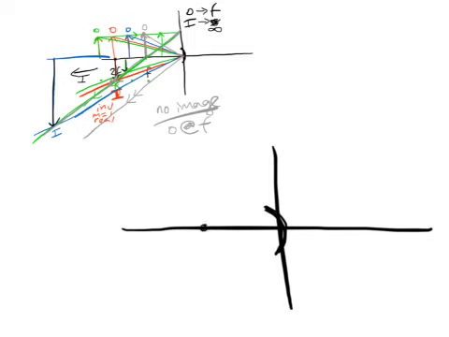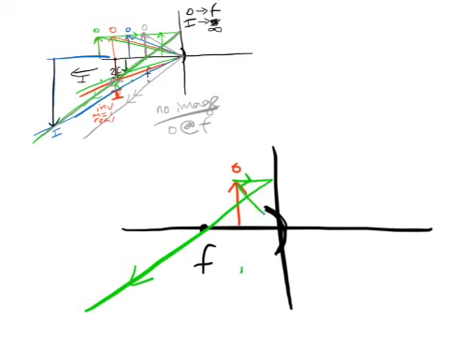Okay, so now this time we've got our object inside the focal point, and we're going to have our parallel light ray still reflecting through the focal point, but this time if we take our equal angle law, same distance above as below, we're going to find that our light rays are actually spreading out.